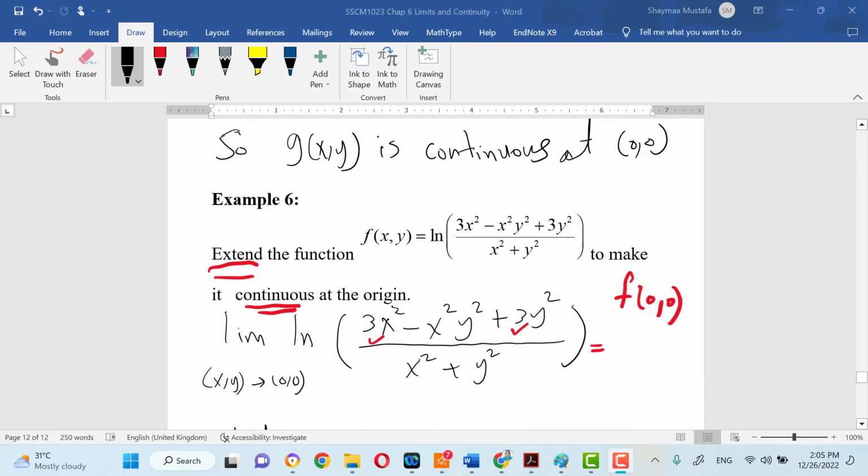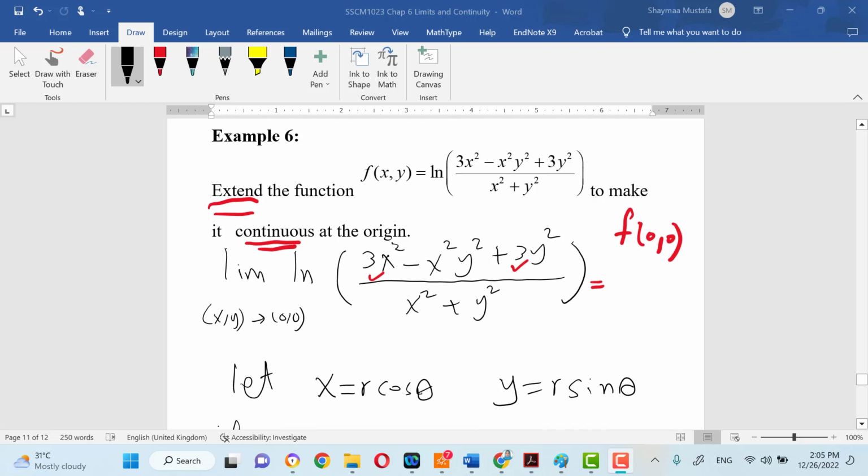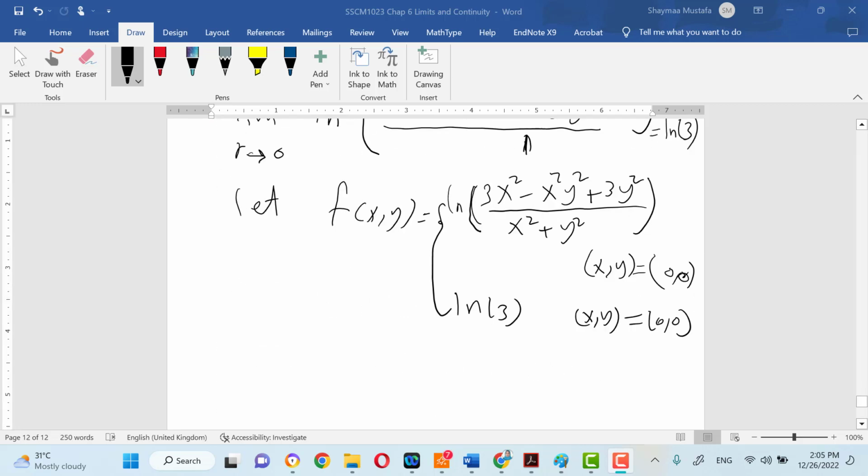The limit exists. But to be continuous, the function at (0, 0) should also be equal to ln 3. I will redefine this function because f(0, 0) here does not exist. So I will define the function again: it equals this value when (x, y) is not equal to (0, 0), but if (x, y) equals (0, 0), the value of the function is the natural logarithm of 3.